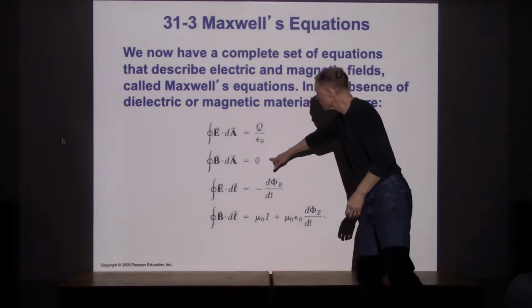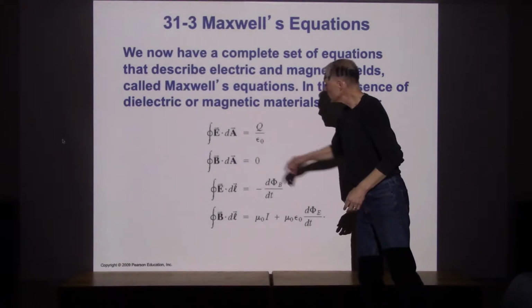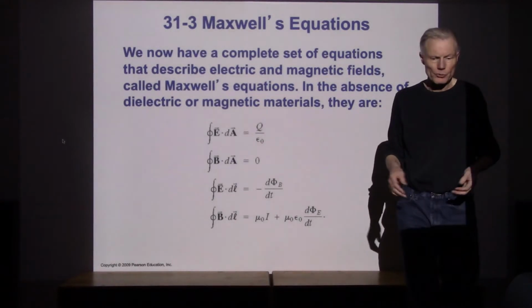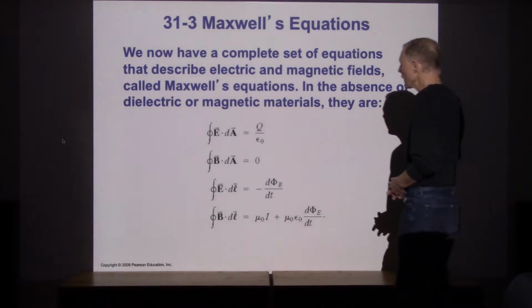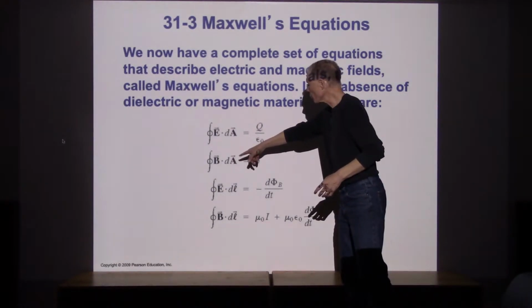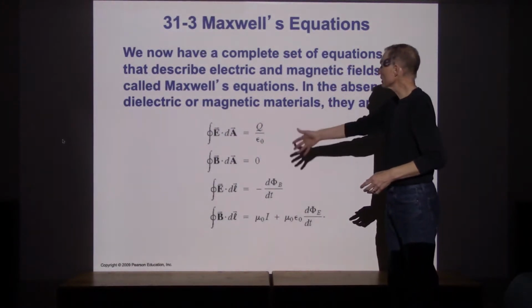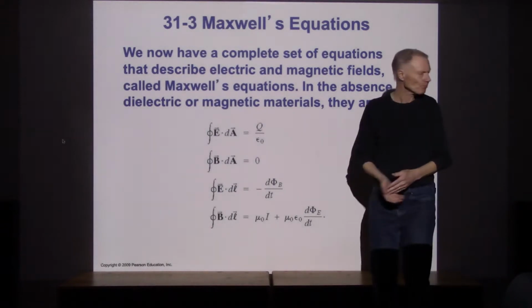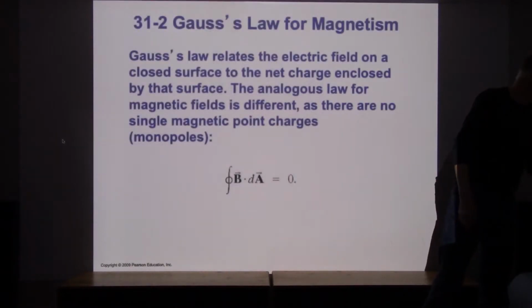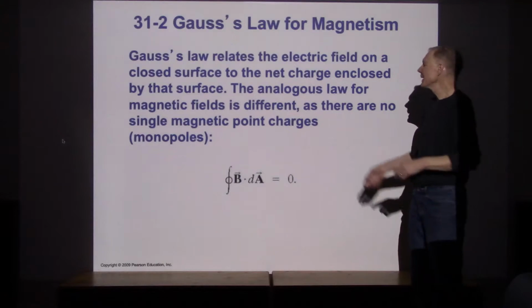Now there's a new member here. This is Gauss's law being applied to magnetic fields, but there's not anything especially new here. It turns out that magnetic fields are always looping, and so when we apply Gauss's law to magnetic fields, it's always zero.